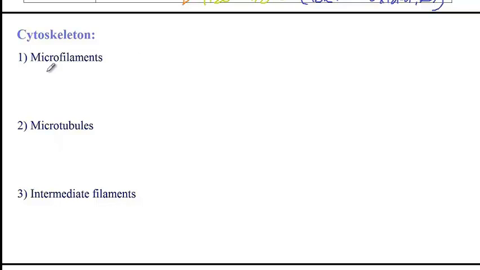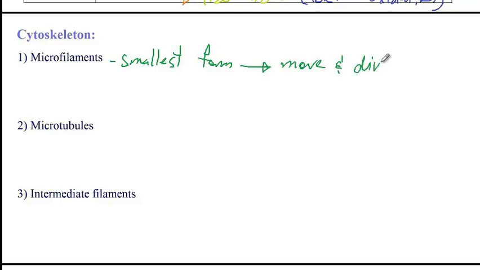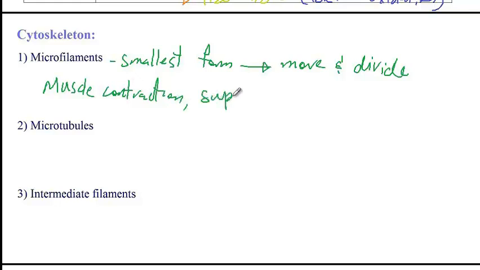So microfilaments, these are actually the smallest form of these fibers that allows the cell to move around and divide. It also plays an important role in muscle contraction and provides support to cell and its microvilli structures.